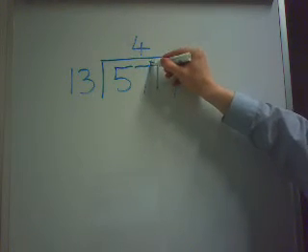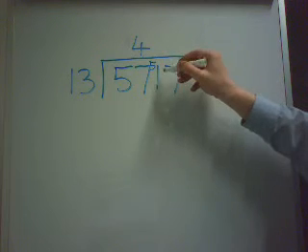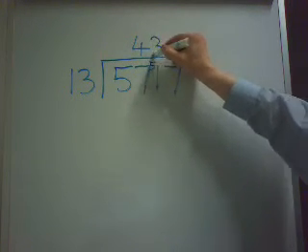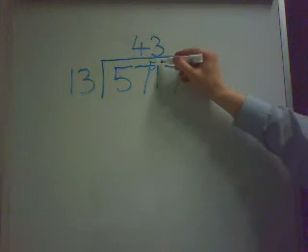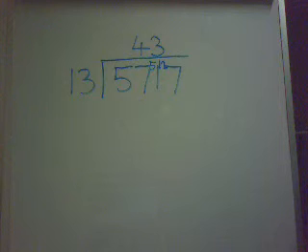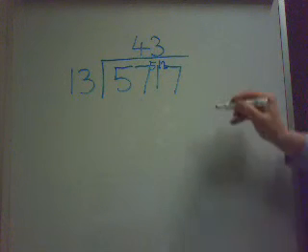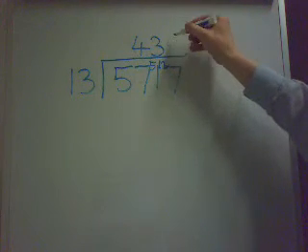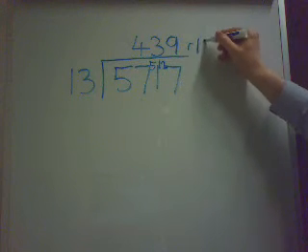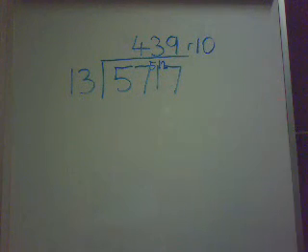Put the remainder 5 in here in front of the 1, 13 goes into 51 3 times, remainder 12 as we know, in front of the 7 there, and then 13 into 127, again we know that's 9, and again the remainder is going to be 10, which again we could divide by 13 to get the decimal part.